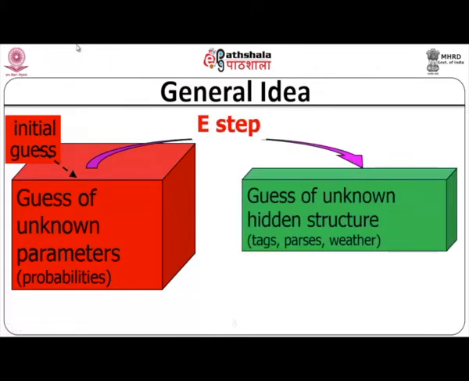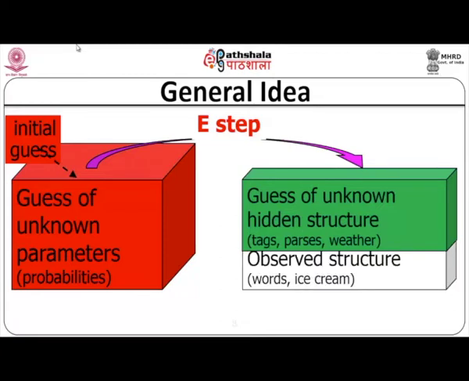Then you have the E step or the expectation step, where you guess the unknown hidden structure. Now, just to give you an idea of what this hidden structure is, depending on the application, for example, if you have words, the tags could be the hidden structure. Your sentence could be the words, and the POS tags could be the hidden structure, and so on.